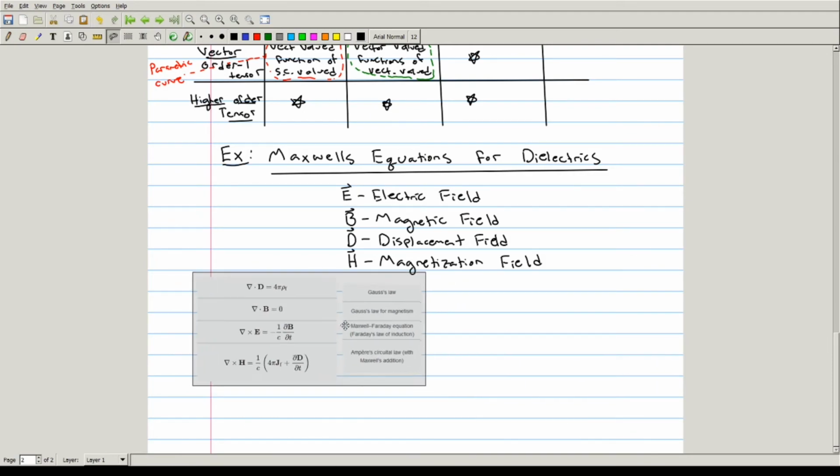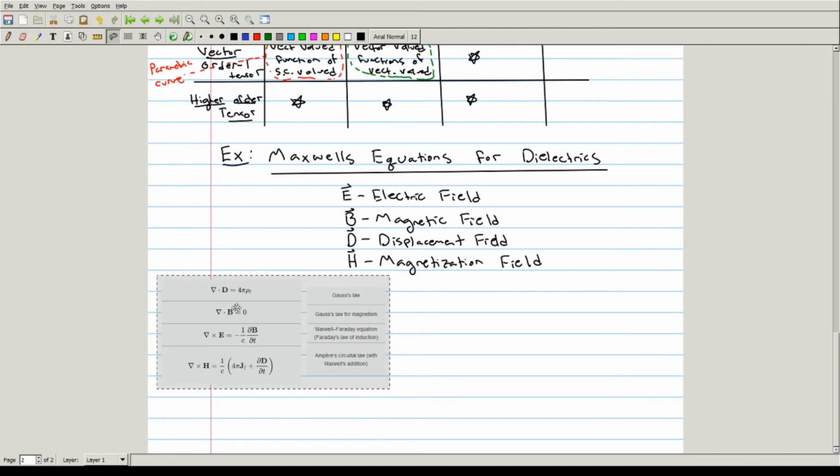Again, these operations might not be familiar to you right now, but rest assured they'll be familiar by the end of the first half of this course. They all have physical meaning attached to them, but they're a mathematical expression of basic physical laws.